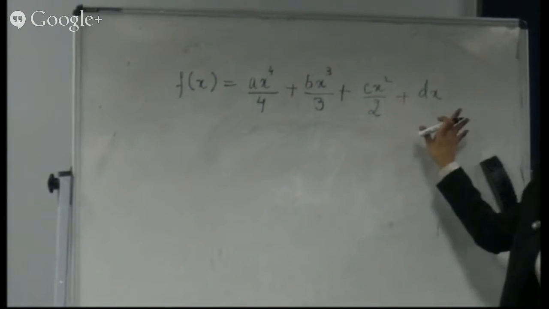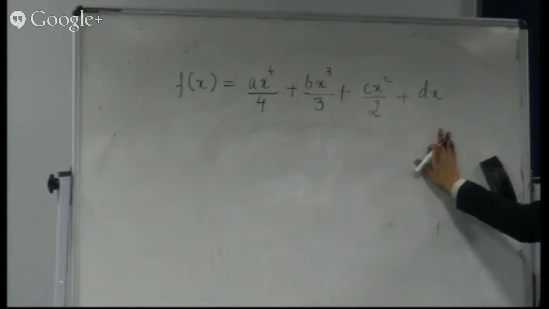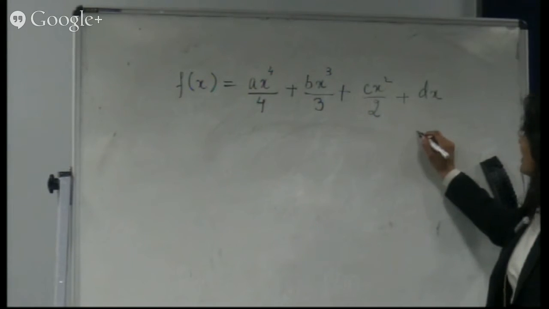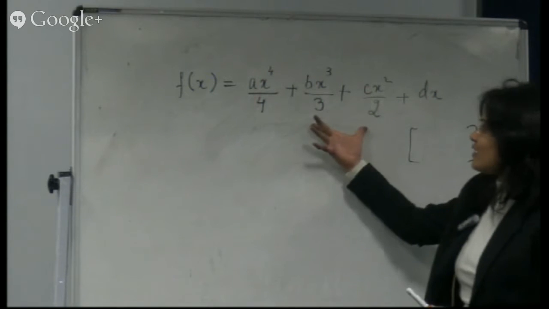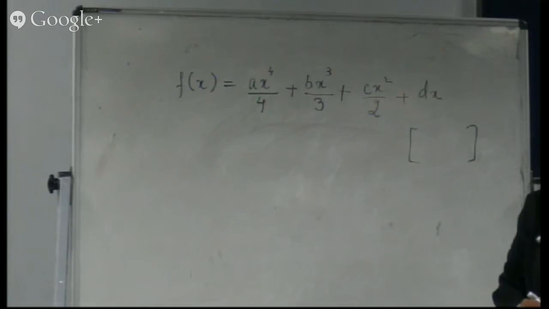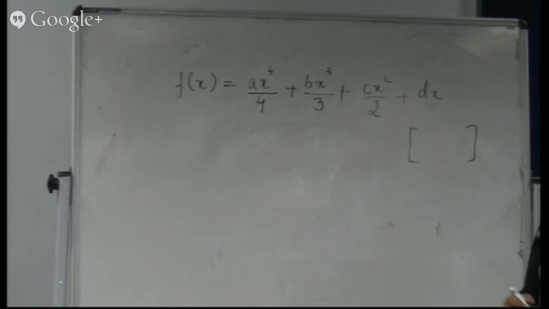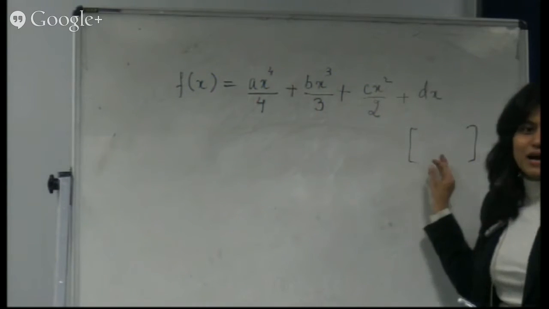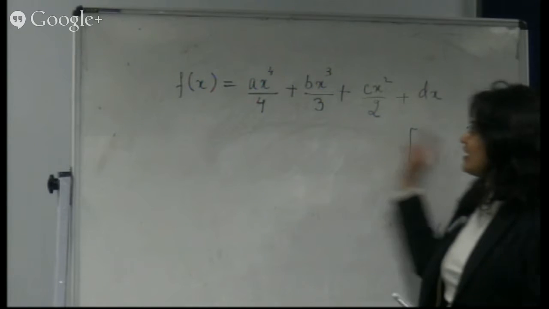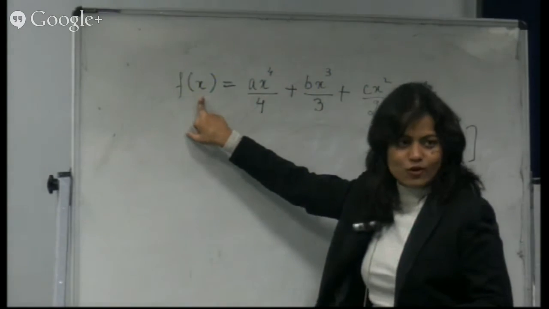Okay, so f of x should be this. Now we have to see what the interval should be. This is a polynomial, so the first two conditions will be satisfied. Now you have to choose your lower and upper ends so that f at those points is 0.